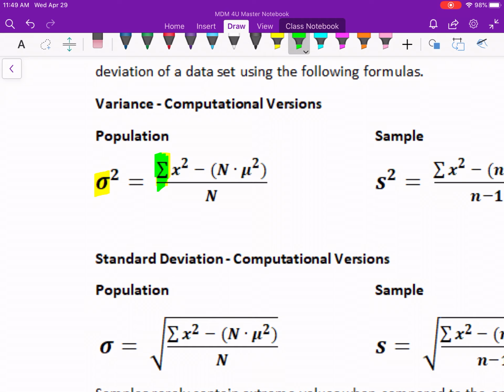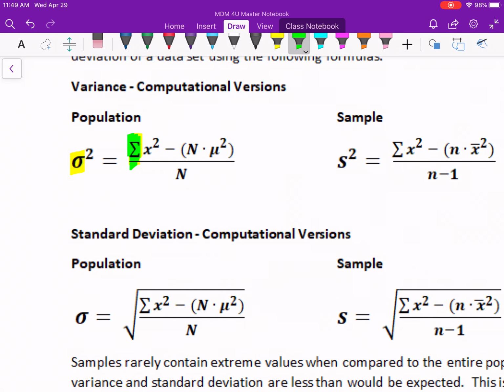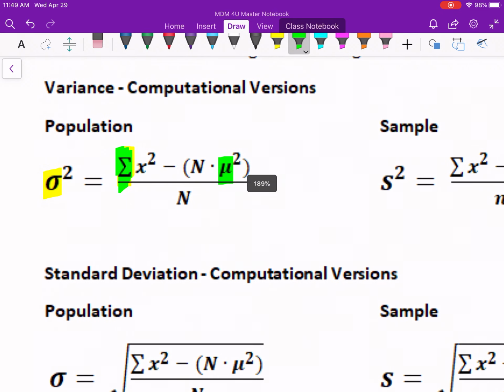Minus n, which is the size of the population, uppercase N, times mu squared. Remember, this is pronounced mu, and that is just the symbol we use to represent the average of a population.